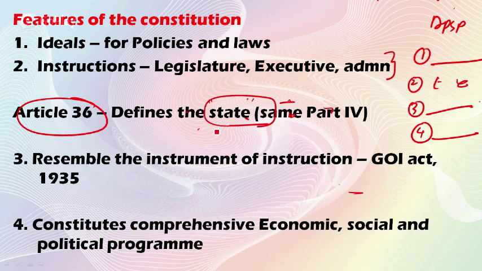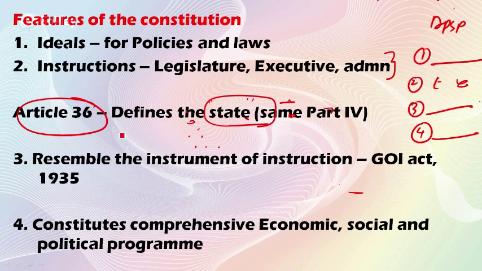It includes various administrative bodies ranging from the parliament and the union government at the center, the state legislature and the state government at the state level, and urban local bodies, panchayats, and various local bodies at the local level, and also the administrative bodies, various organizations and corporations which have public character are included in the definition of the state according to article 36. So this provides a broader connotation which provides scope for implementing these directive principles of state policy by these organizations. So this is the important thing here.